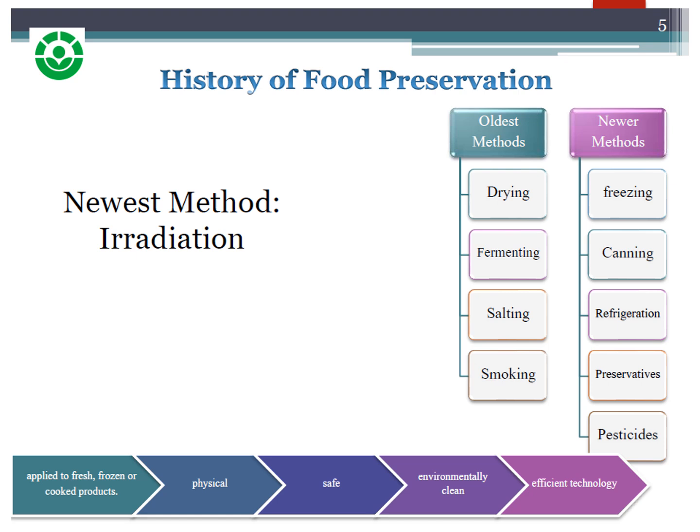Next method is salting. Salting is the process of preserving food with salt. Fruits can be preserved for a long time by salting them. Salting can also be used to preserve meats and fish.